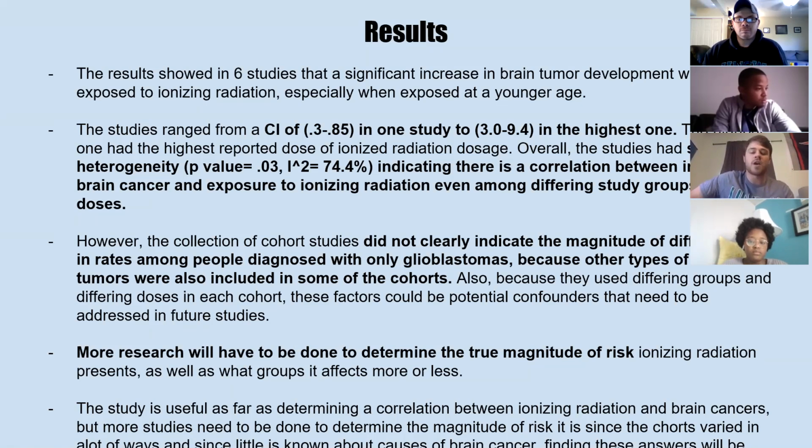But they did find that ultimately there was an increase in brain cancer when exposed to ionizing radiation. More studies will have to be done to determine differences in the increase among different populations.